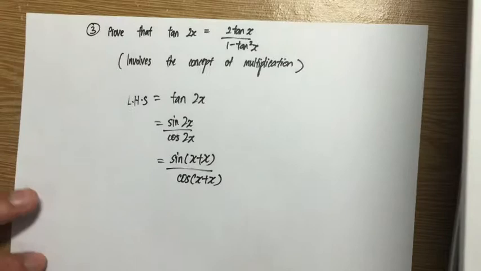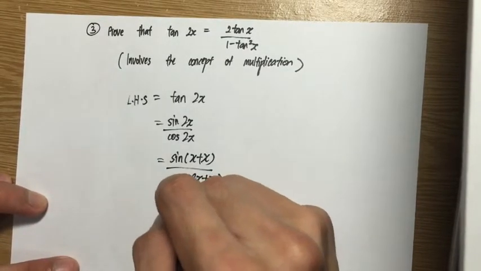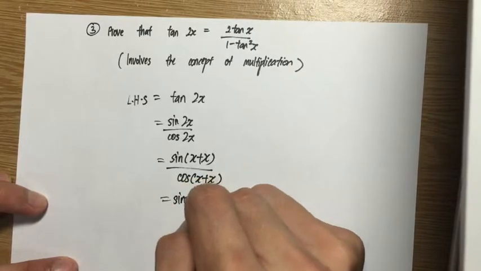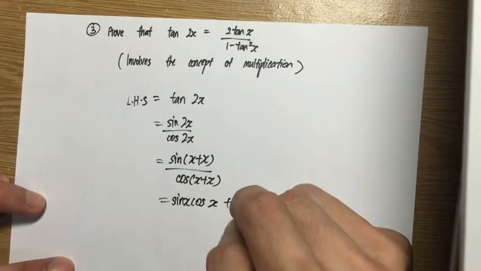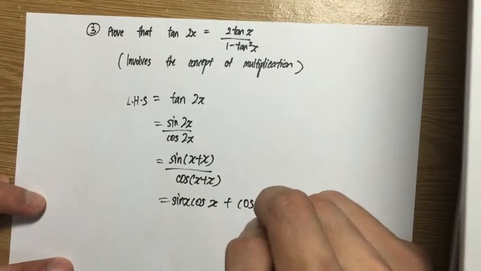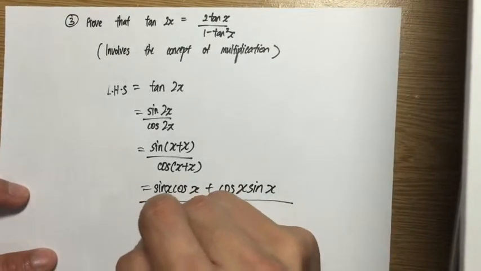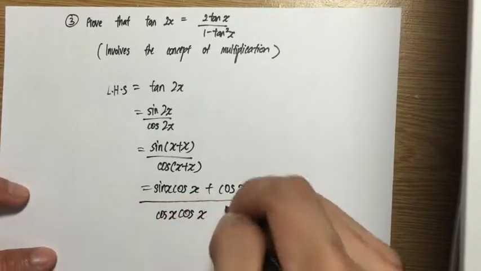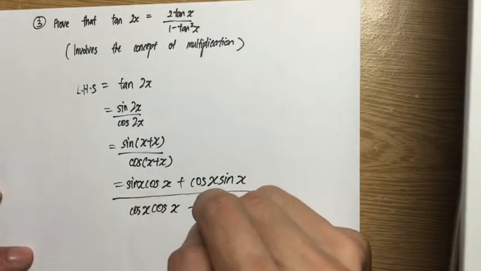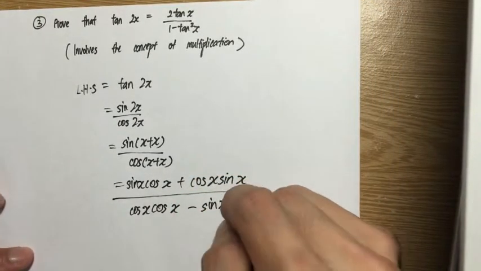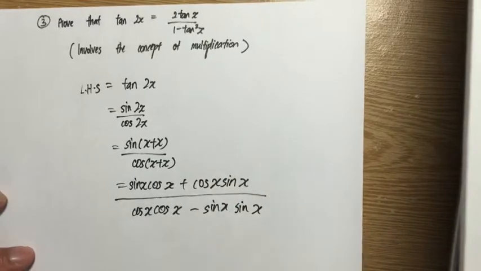Why do we do so? We do so that we can apply the compound angle formula and get sine x cosine x plus cos x sine x over cos x cos x minus sine x sine x.